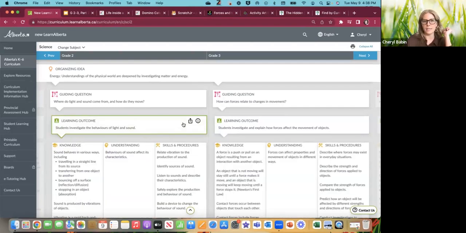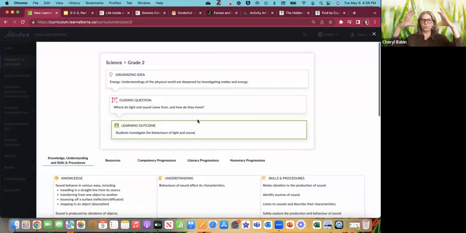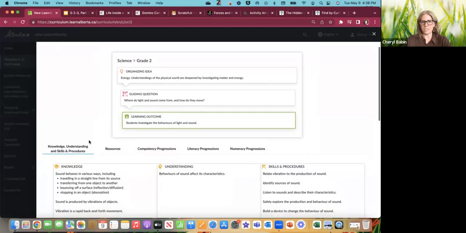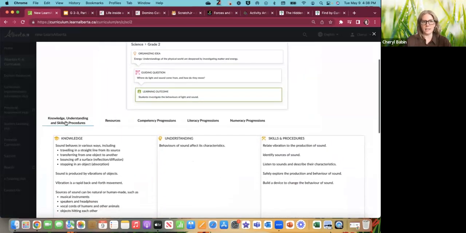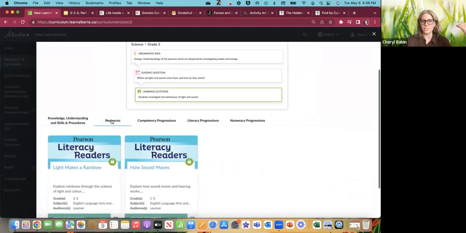When you click on that, on the i, it gives you what's called a flyout. And in this flyout, which is actually a really lovely, clean view of the organizing idea, guiding question and learning outcome, you can see that it gives you a list of the cusps and you can toggle across to resources.